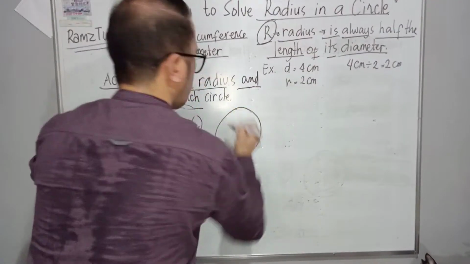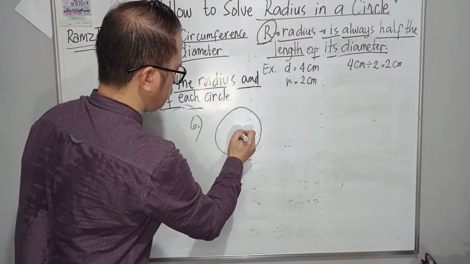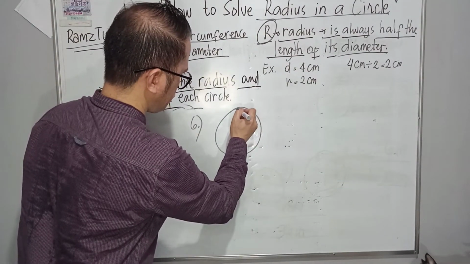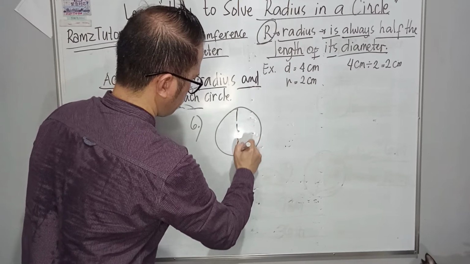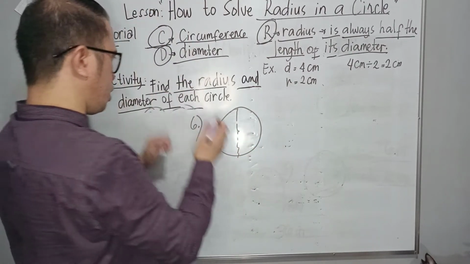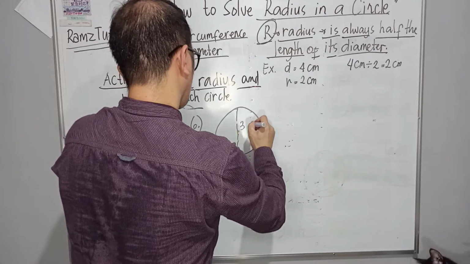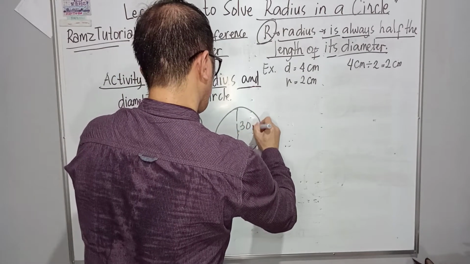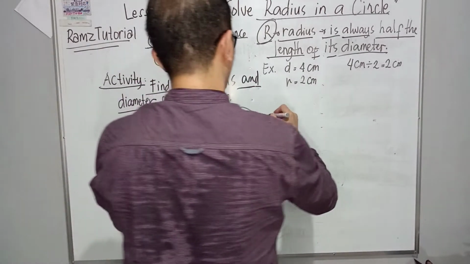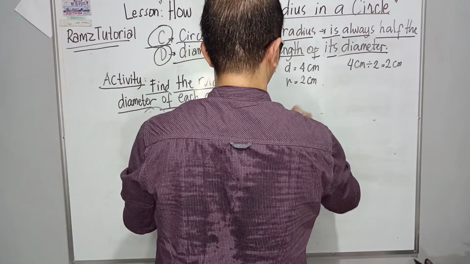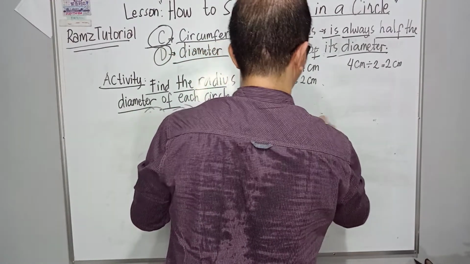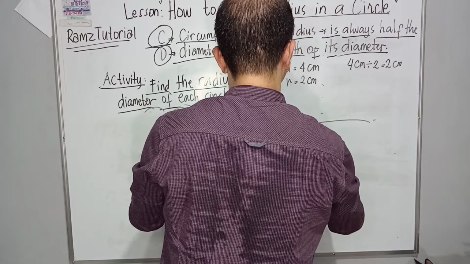So we need to draw a circle here. Then I plotted it out here. We have here 30 inches. So we need to find the radius here, then the diameter.